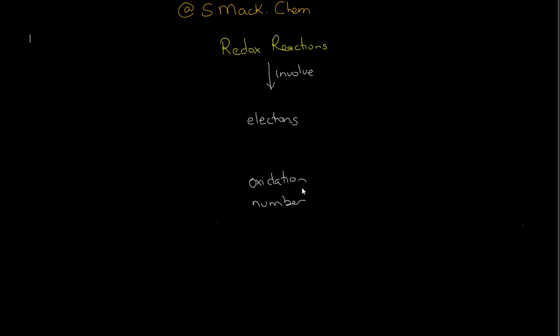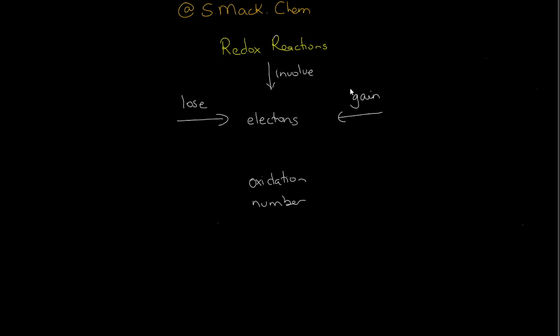and between those two species there's going to be a change in the number of electrons and the oxidation number. Let's look at how the number of electrons changes. So one chemical species will lose electrons, and by default, the other species will gain electrons.